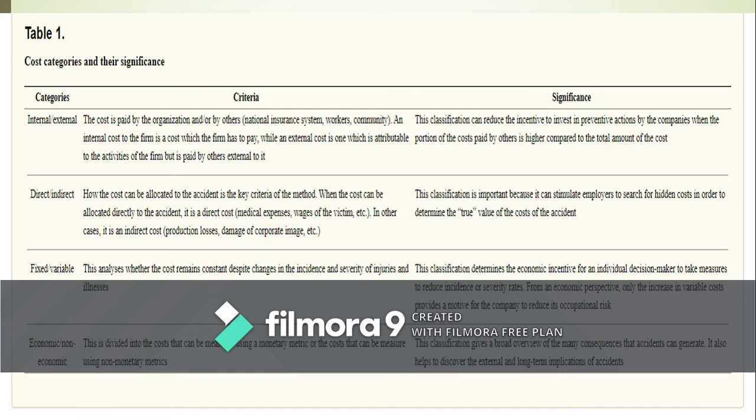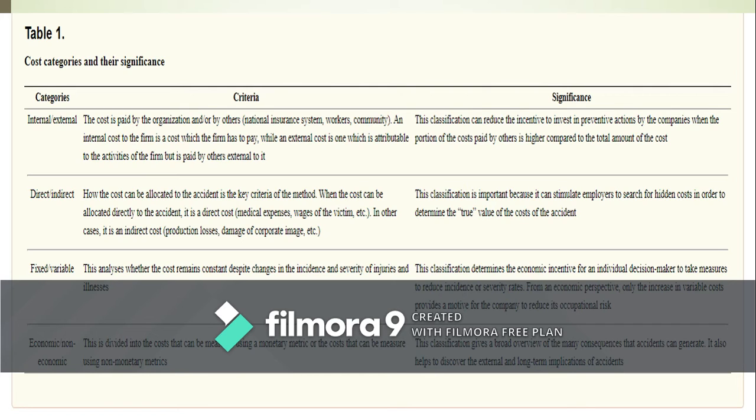But there are many types of cost categories and their significance. Sometimes cost can be divided into these 4 things: external or internal cost, direct or indirect cost, fixed or variable cost, economic or non-economic cost. The cost is paid by the organization and sometimes by others like insurance companies.